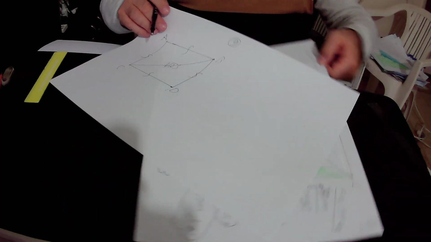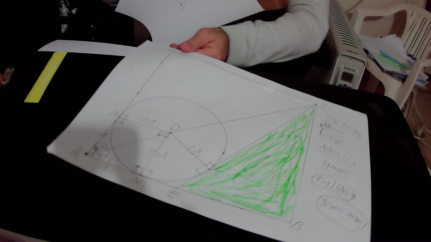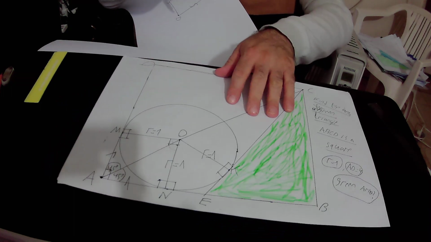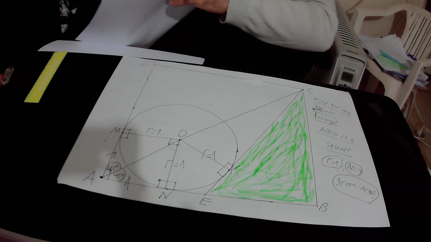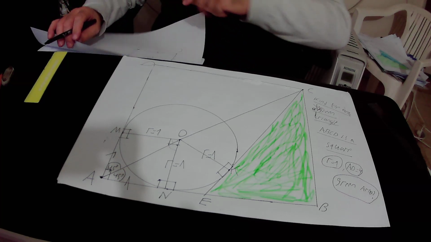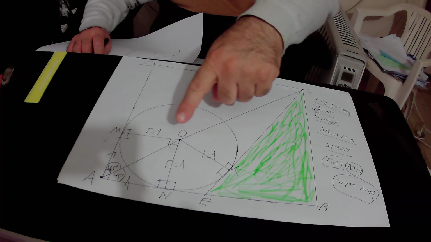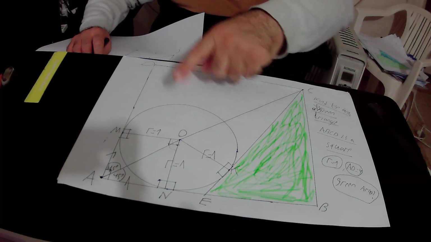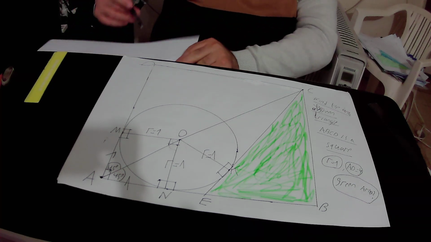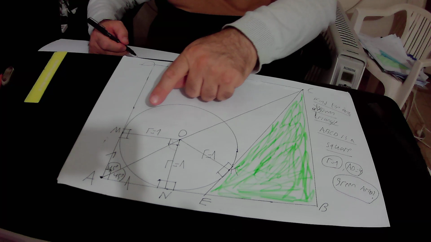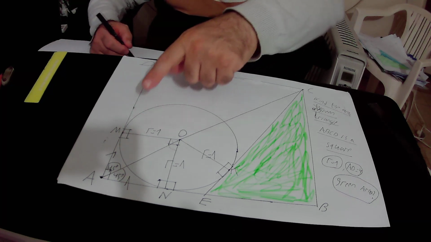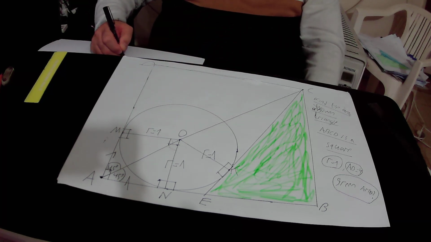And we can implement rule number 7 in our drawing. We have square MOAN. We will calculate the length of diagonal OA of this square.